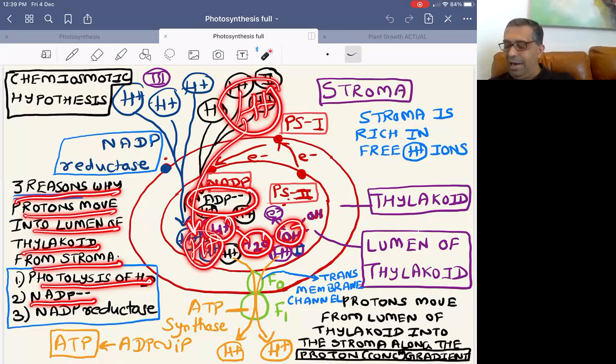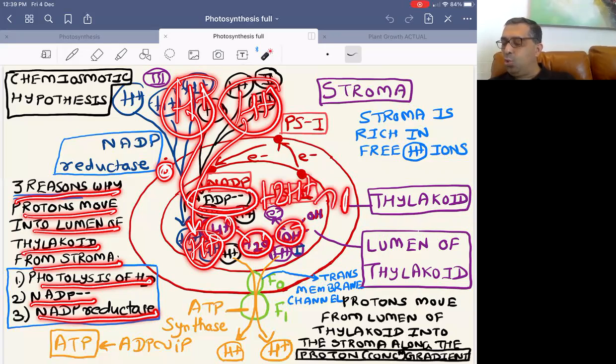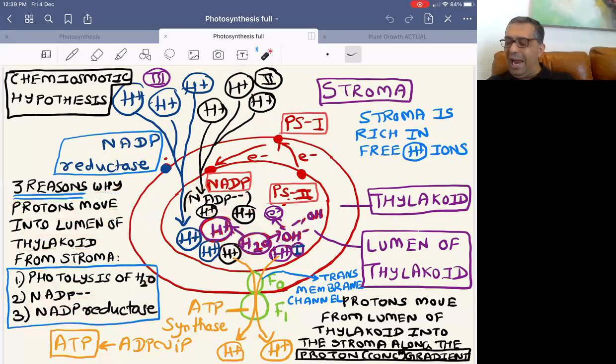And third, NADP reductase found on the outer membrane will bring protons from the stroma towards NADP minus minus to combine with it to form NADPH2. And from these three reasons, protons accumulate in the lumen.